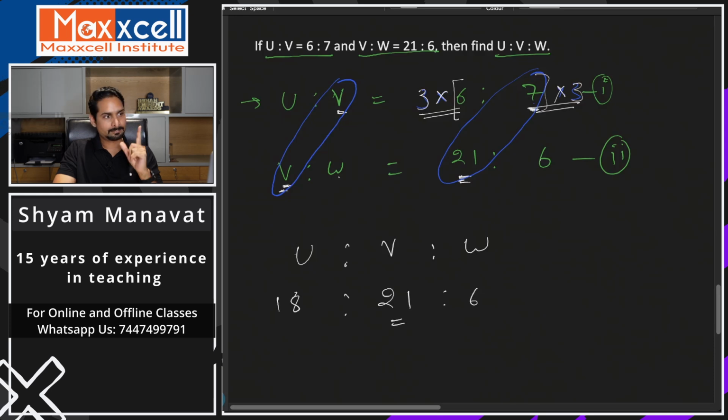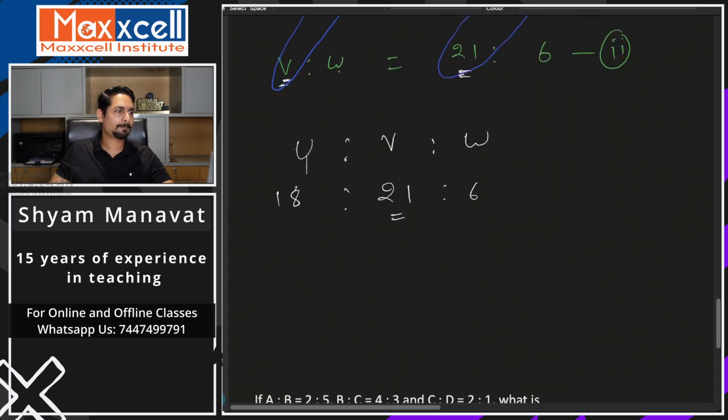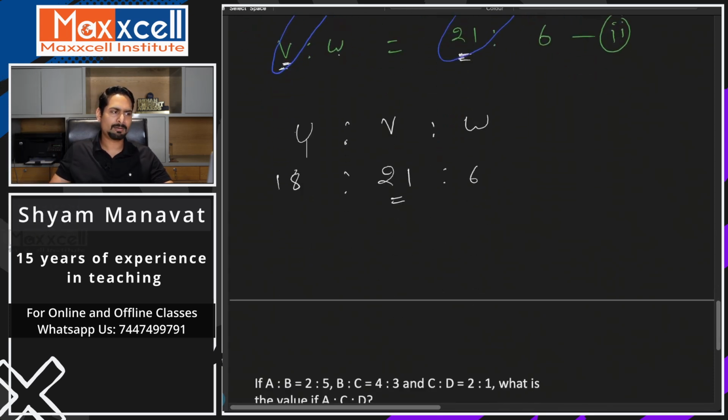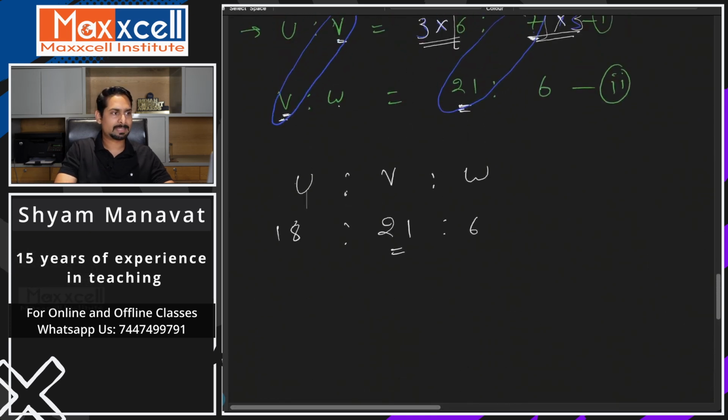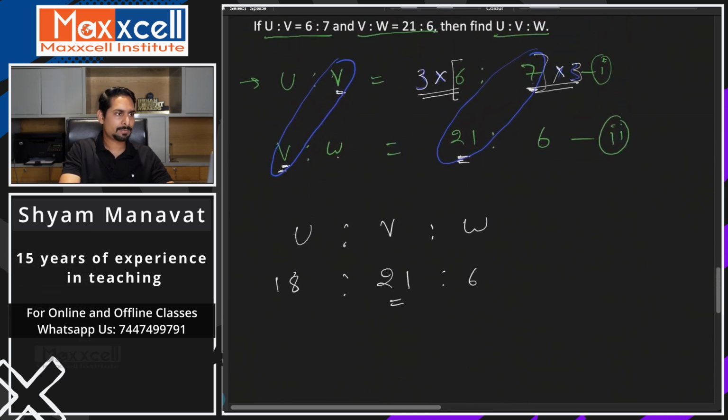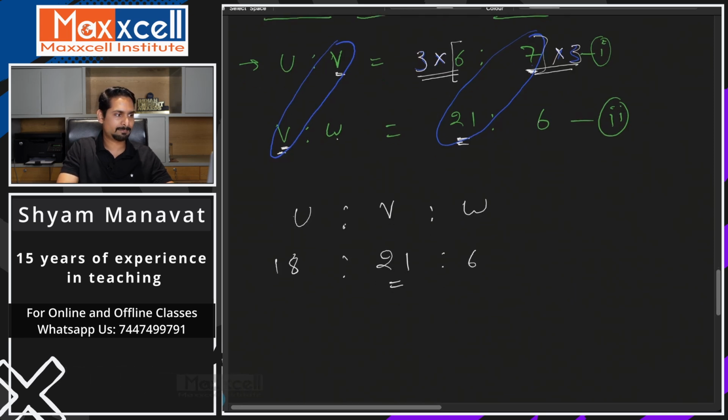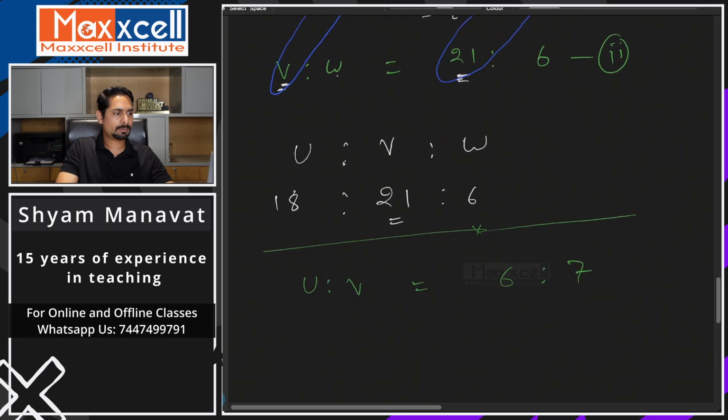Okay, let's do this again. I have more questions on the scaling property, but let me show this again. Writing the same values here: U is to V equals 6 is to 7, and then V is to W as 21 is to 6.